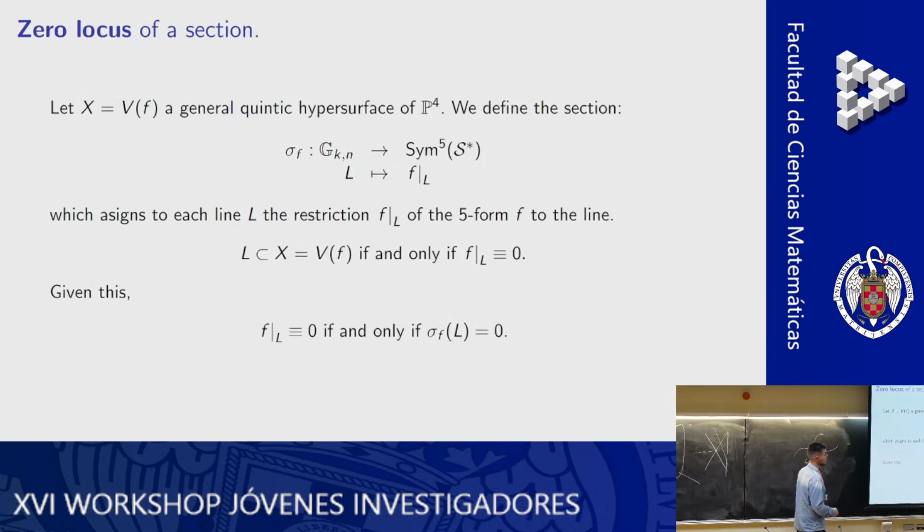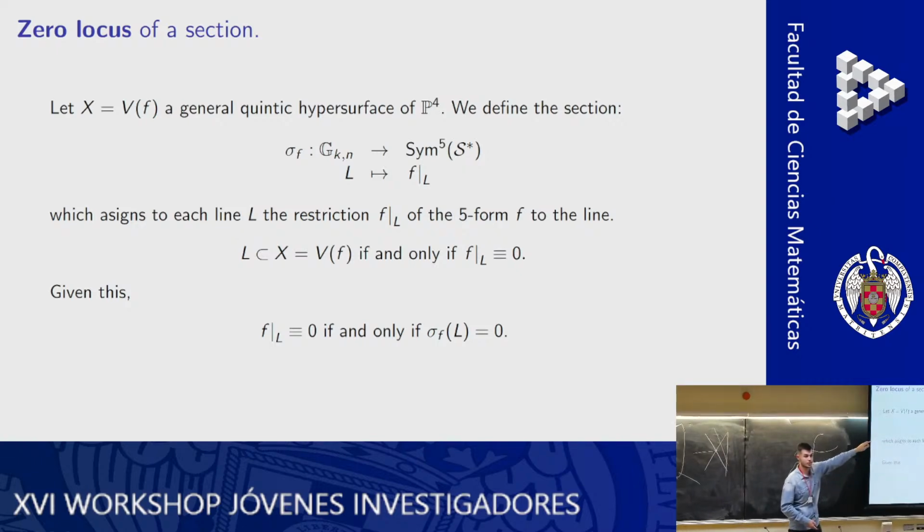So we can state now the problem in a different manner, because if you take a general quintic hypersurface, it has an equation of degree 5, so it's a form of degree 5, and we can define what we call in the world of fiber bundles a section, which is a function that associates to each point of the variety an element of its fiber.